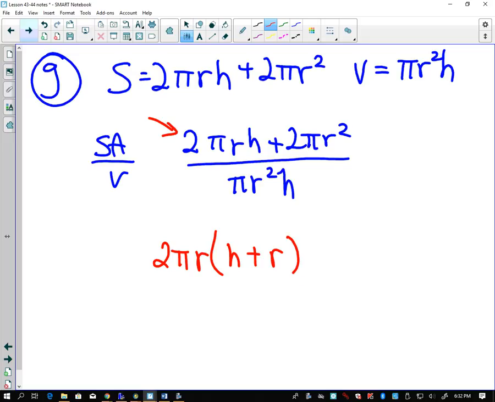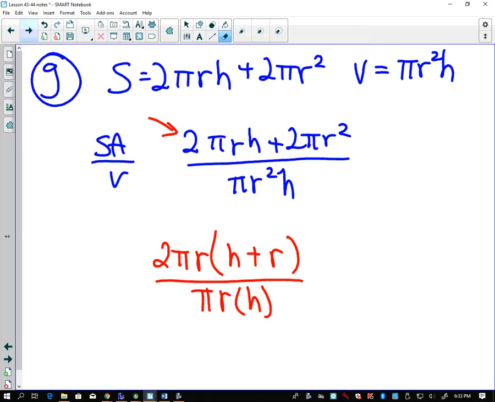And let's see what we can factor out of the bottom. I could factor out, well, just out of every term, right? I should be able to take out a pi, and I can take out an r, leaving me with just h right there.